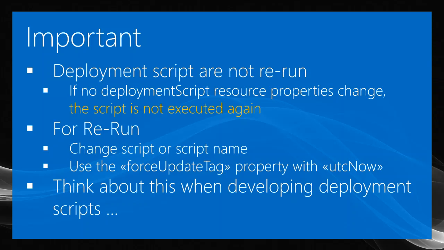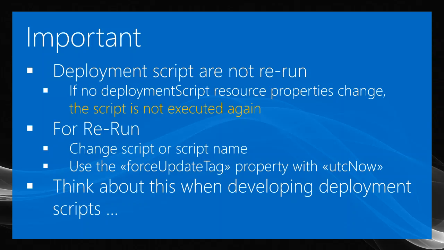And this is fine, but of course there might be scenarios where you don't want that. Where you want to rerun your script from time to time, or maybe even with every single deployment. And then you can still do that, either by changing the script content itself, which is okay if you really change your script code.